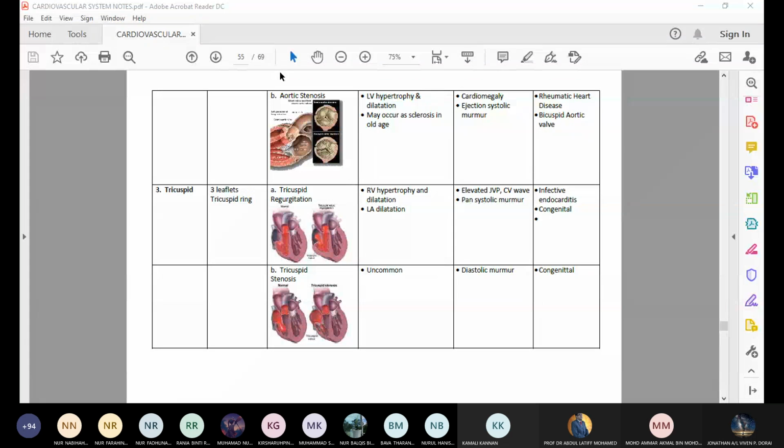There is no tablet or injection or anything that can reverse a valve disease. Cannot change a regurgitant or stenotic valve just by giving medication, okay? We need a surgical operation to either repair the damaged valve or to replace.